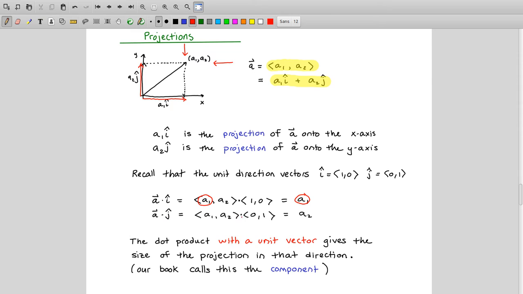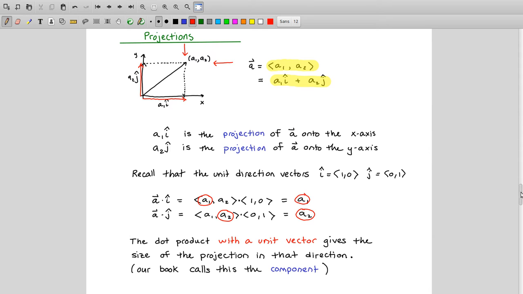Likewise, A dot j, because the j vector is 0, 1, picks off the value a2 in the vector A. And so A dot j is a2. These are precisely the lengths of these two shadows in the x direction and the y direction.